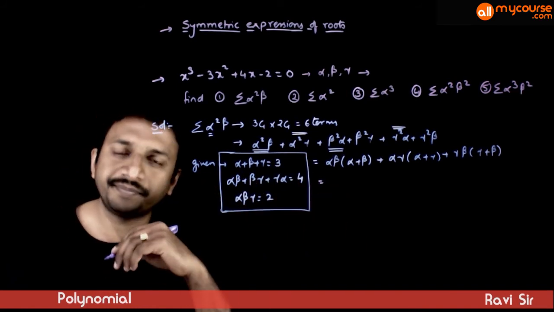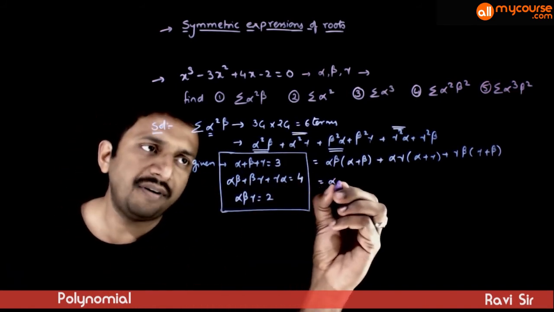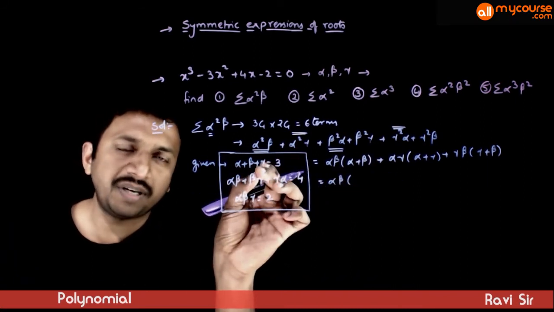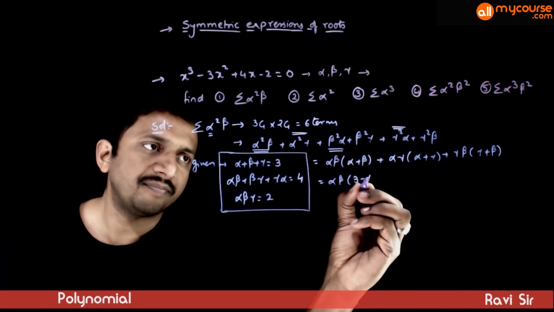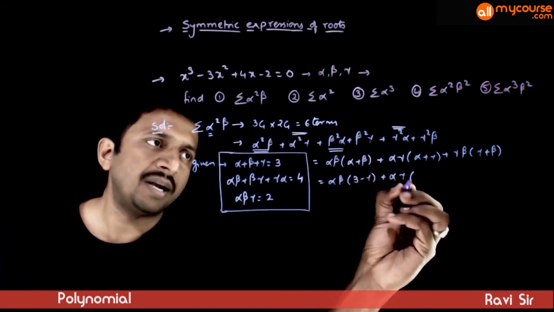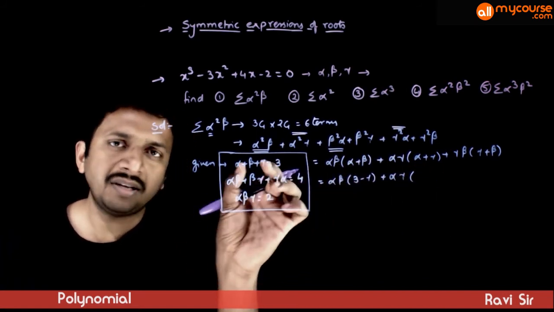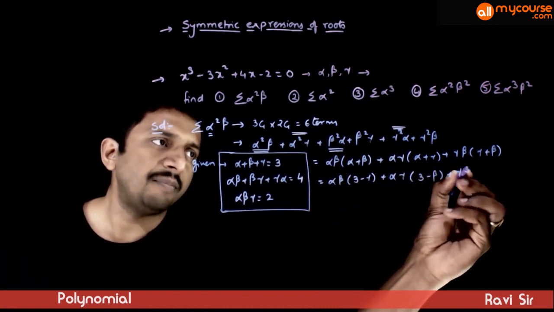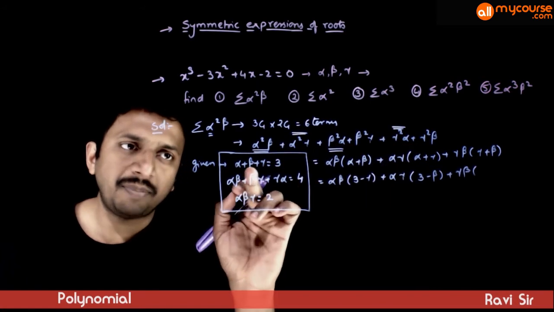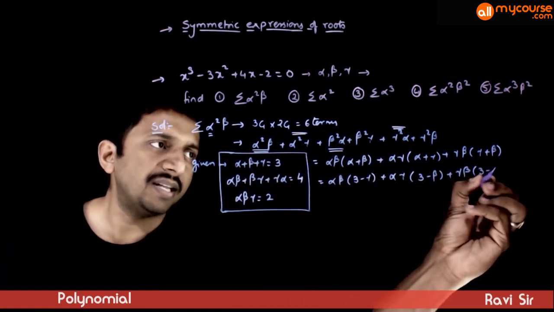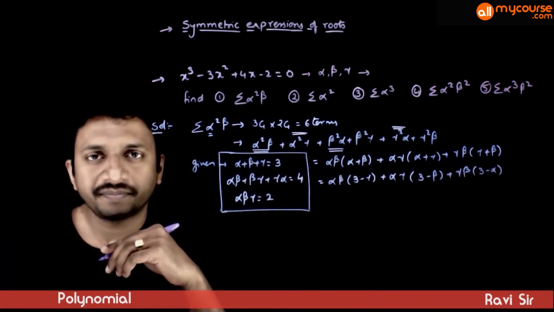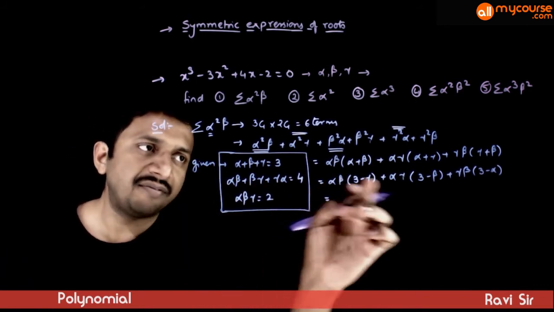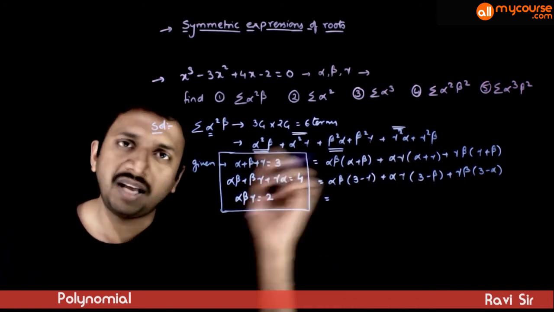So that is equal to, now alpha beta times, what is alpha plus beta? Alpha plus beta is 3 minus gamma. Plus alpha gamma times, what is alpha plus gamma? 3 minus beta. Plus gamma beta times gamma plus beta is 3 minus alpha. So that is equal to 3 alpha beta, 3 alpha gamma plus 3 gamma beta.